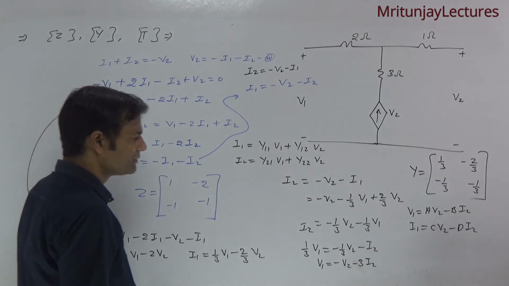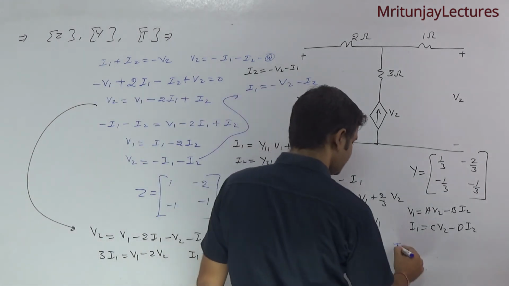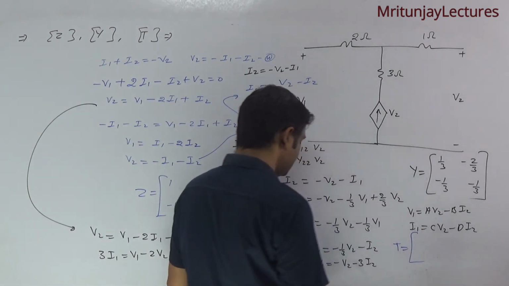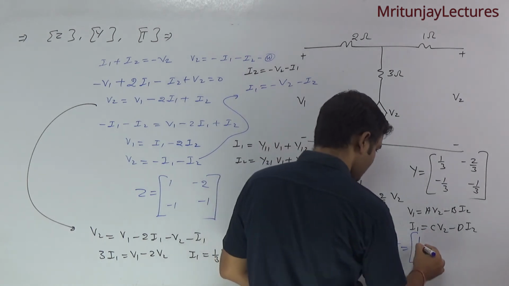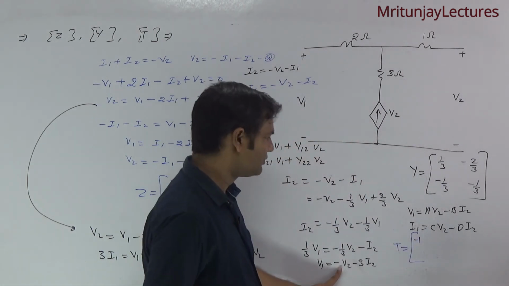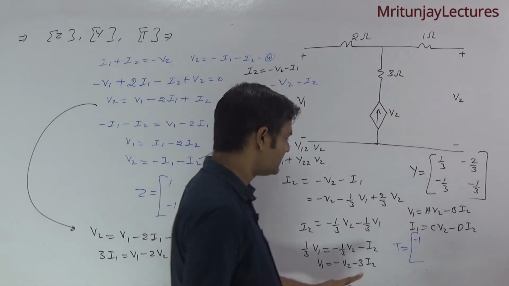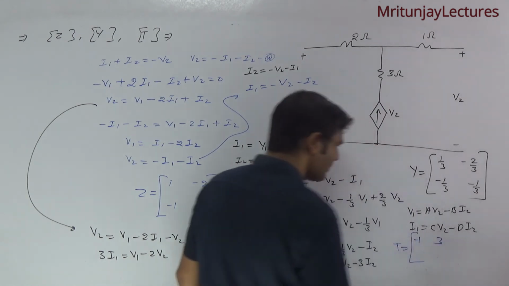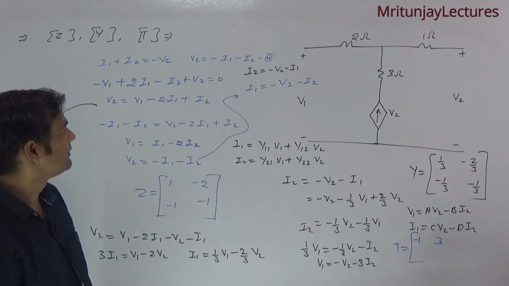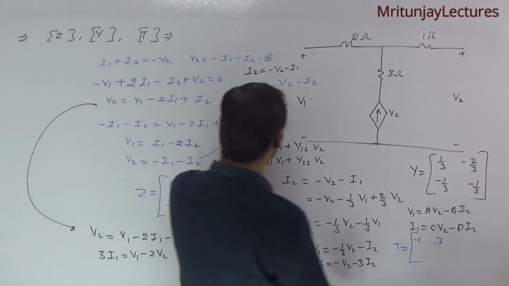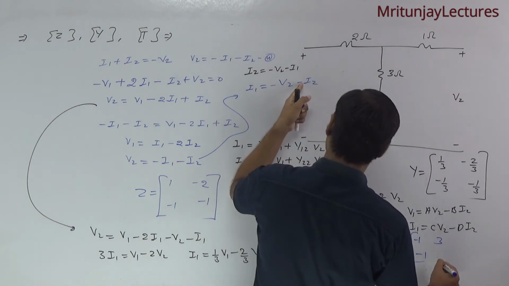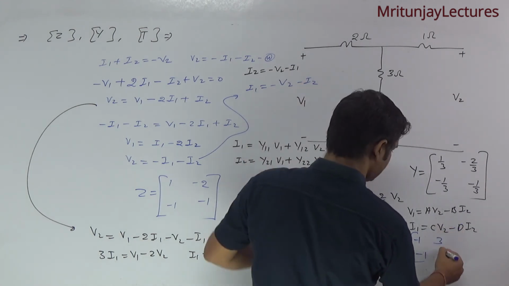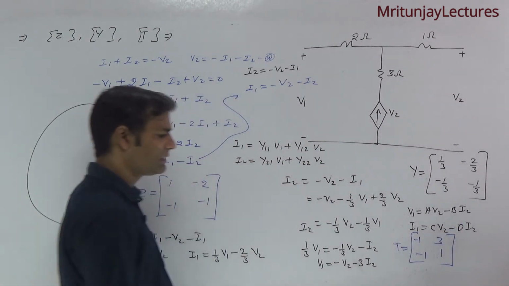Okay, so what about ABCD parameter? A is 1 minus 1. What about minus B? That is 3. And what about C? That is minus 1. And what about D? Minus D, that is 1. So ABCD parameter like this one, make it.